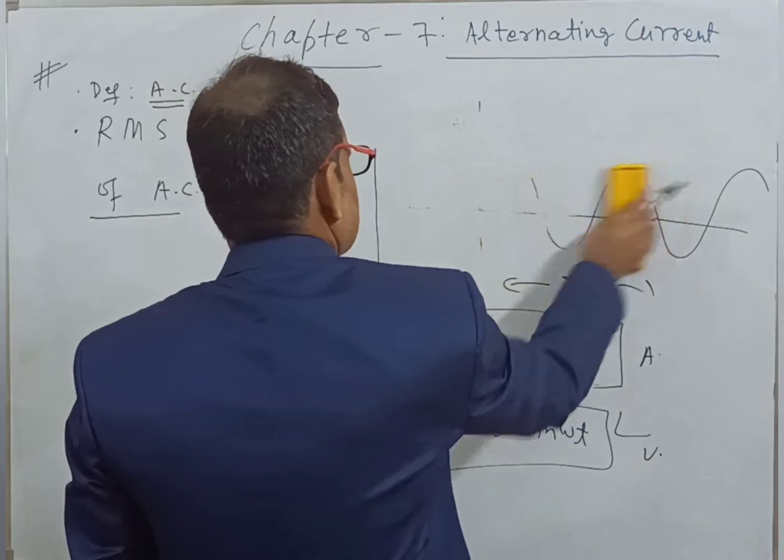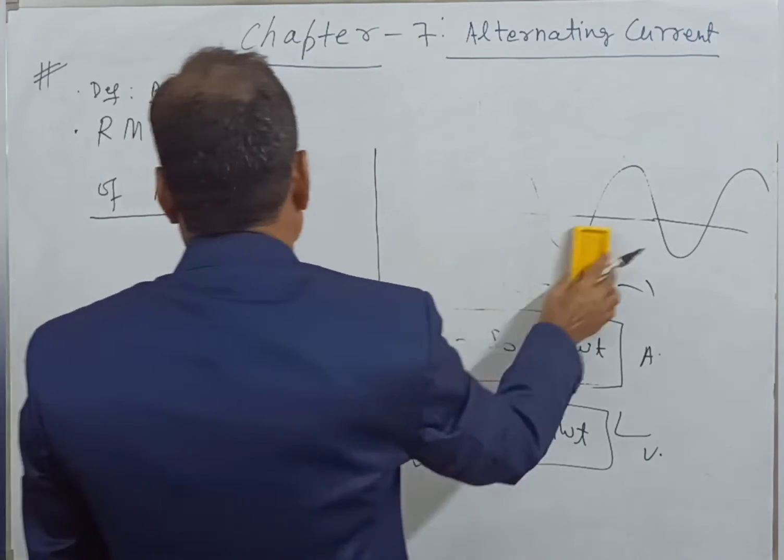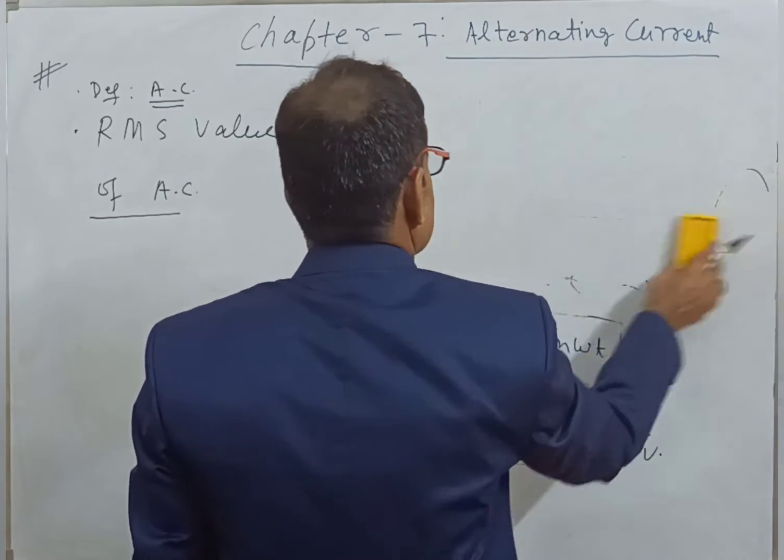Now let us begin with the RMS value, root mean square.